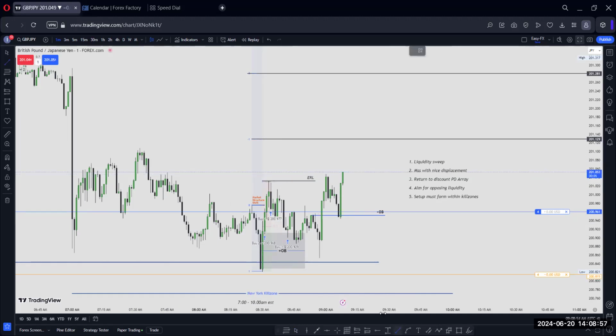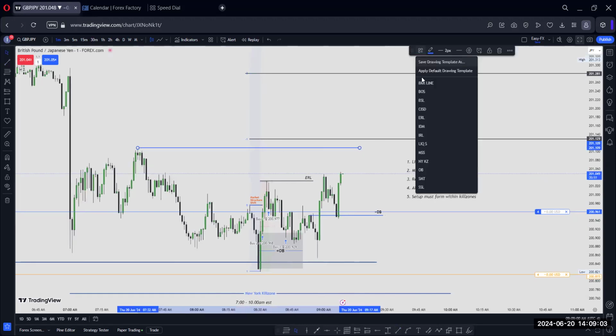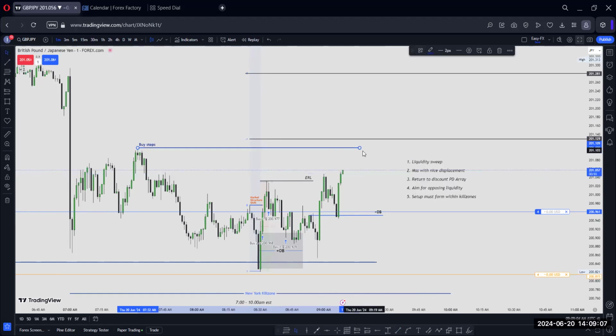I need to see price leave this entire zone. This high, these are low hanging fruit. That buy side should be attacked with that higher momentum.